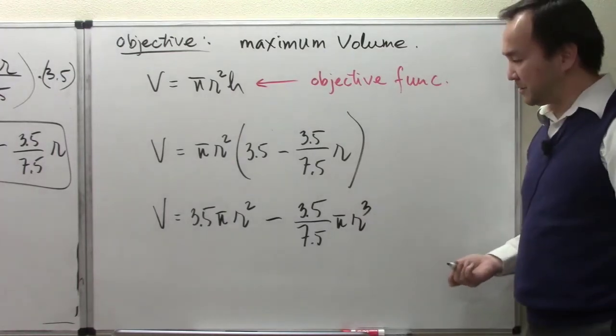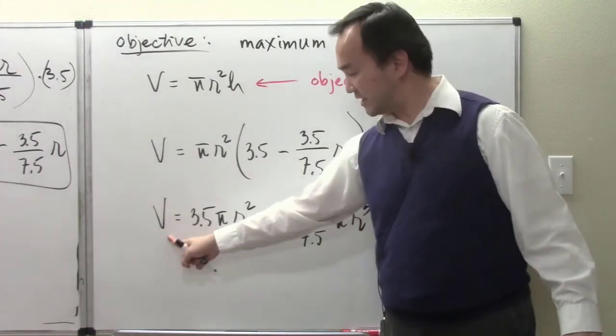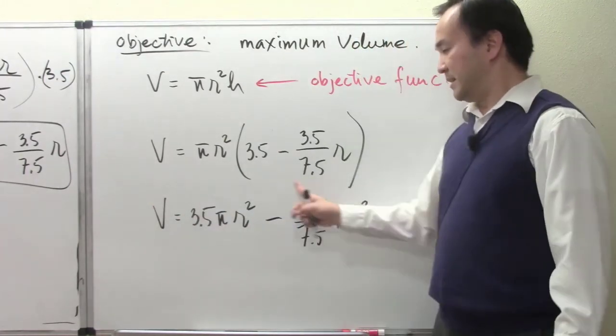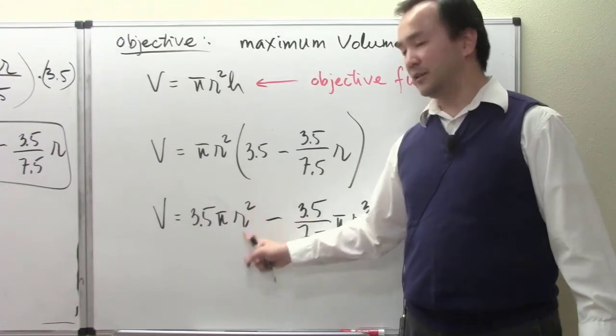And that's what I meant by now we're looking at a function. It was our objective function, the volume function, but volume as a function entirely in terms of r.